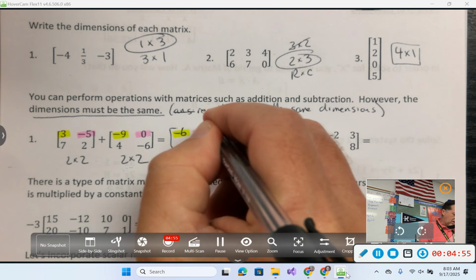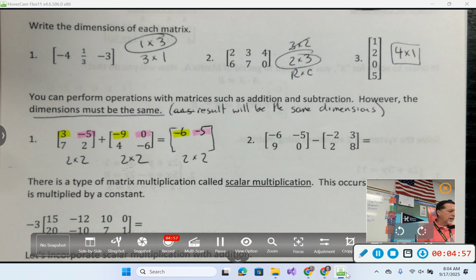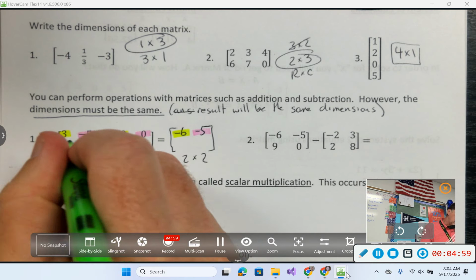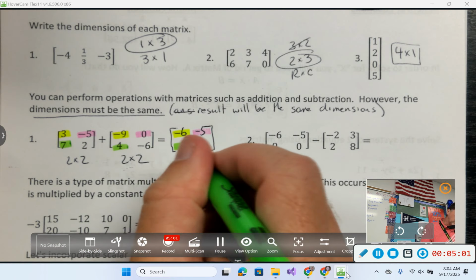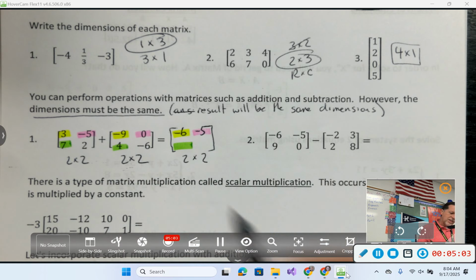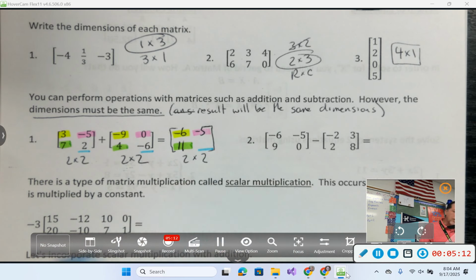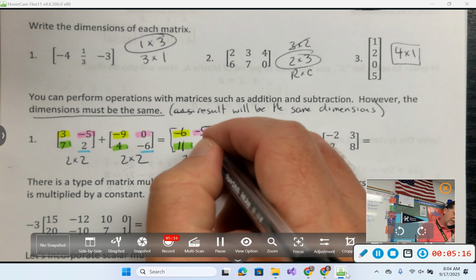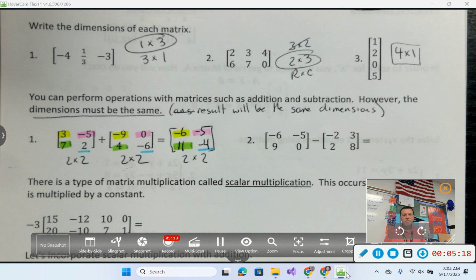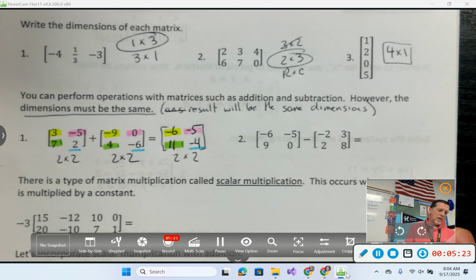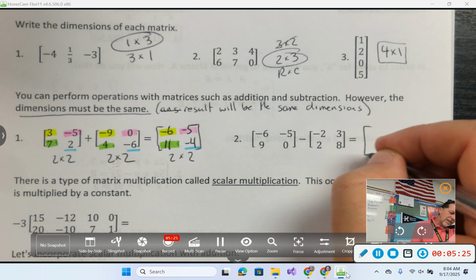Bottom left plus bottom left goes bottom left. 11. Bottom right plus bottom right equals bottom right. -4. Careful with the minus sign.